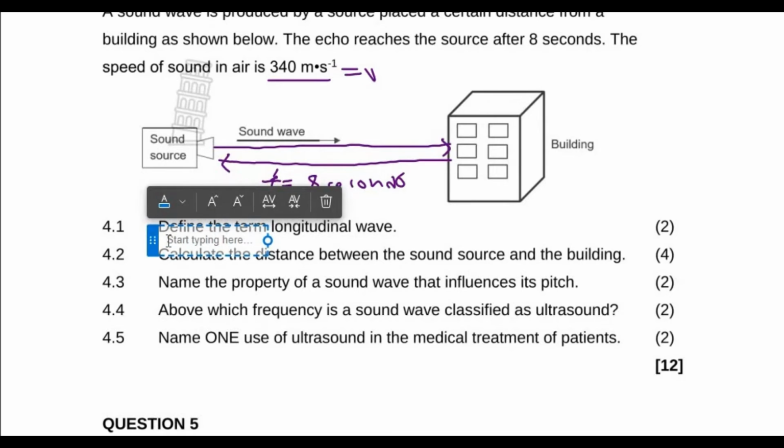A longitudinal wave is a wave in which the particles of the medium vibrate, or somebody might say propagate, or are displaced, parallel to the direction of motion of the wave.